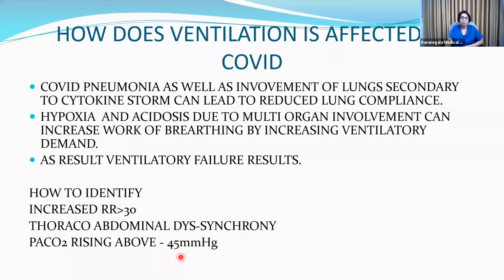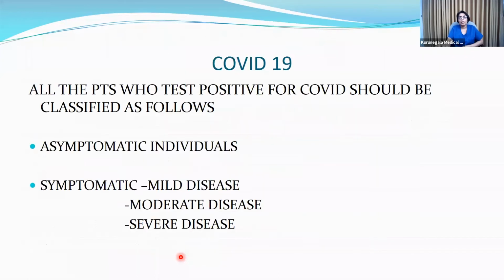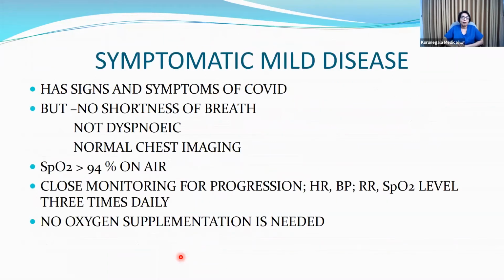Symptomatic mild disease. In symptomatic mild disease of COVID, there are signs and symptoms of COVID, but there are no respiratory signs whatsoever. There is no shortness of breath. The patient is not dyspneic, chest imaging is normal. Their saturation is more than 94% on air.